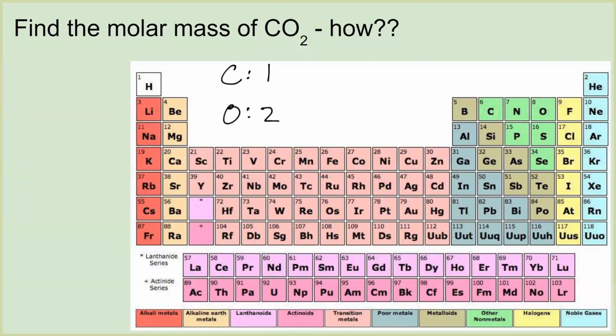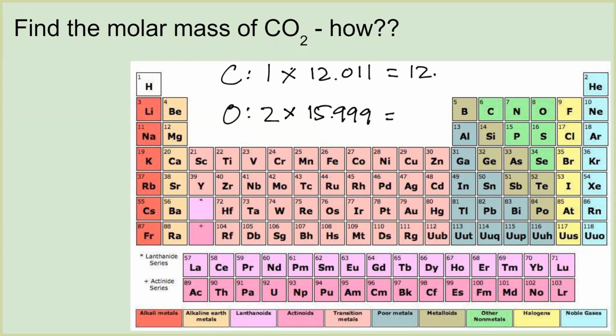Oxygen, it has 2 of them. So carbon will be 1 times its molar mass, which is 12.011. Oxygen will be 2 of it because there's 2 oxygens present. 2 times 15.999.